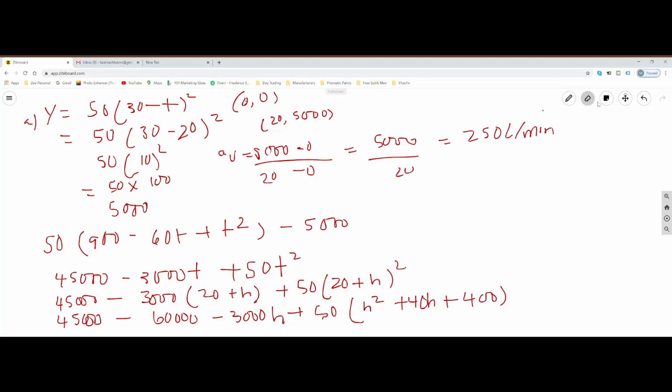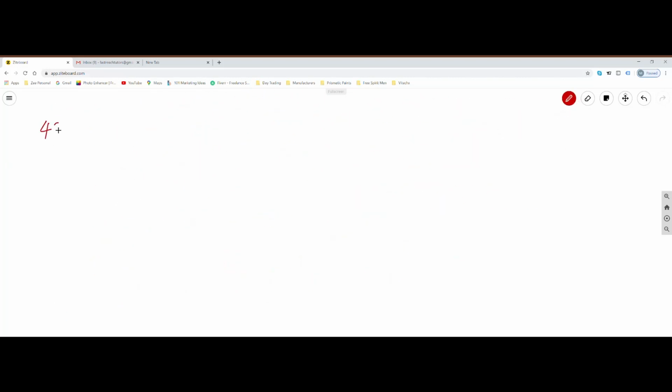Go to the next page. You get 45,000 minus 60,000 minus 3,000h plus 50h squared plus 2,000h plus 20,000 minus 5,000, which is the y value.